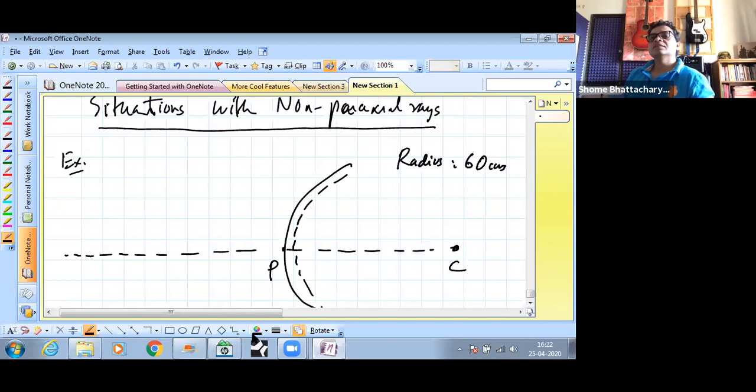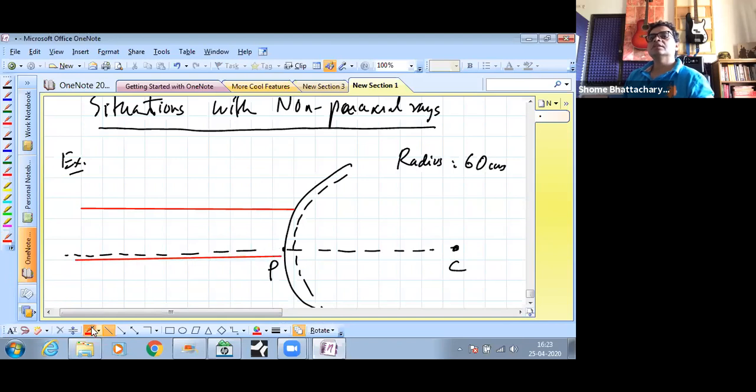Now let us say that we have an incident ray which is parallel to the principal axis. We have one incident ray like this and another incident ray which is just along the principal axis. I'm just drawing it aside so that we don't have to overlap the things.